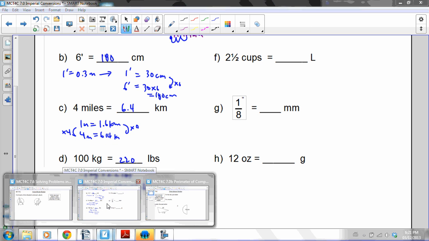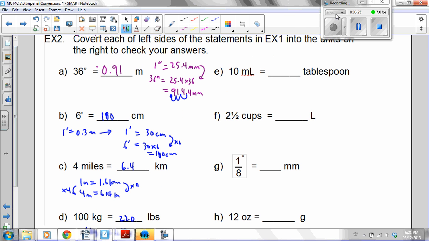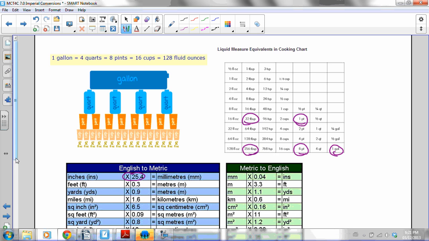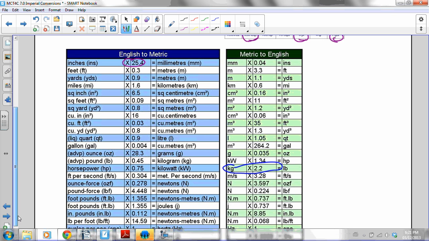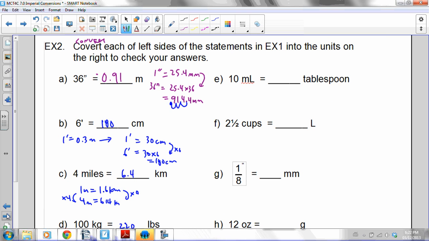Now, at some point, if you're using a conversion table, you're going to run into one that you don't have the conversion for. So if I look back on this one, milliliters and tablespoons, it's not there, right? Milliliters are in here somewhere. Gallons are in there, liters, but no tablespoons, right? So you're going to have to look up a conversion.